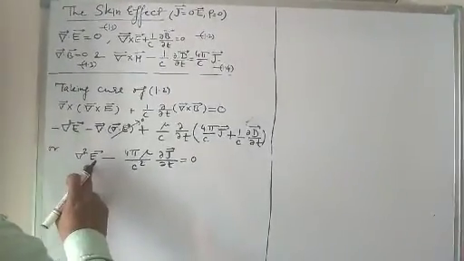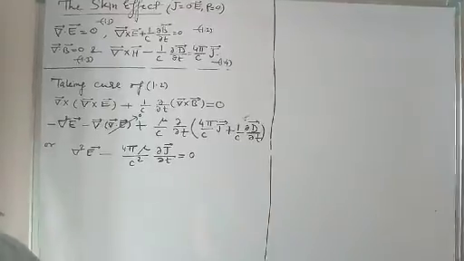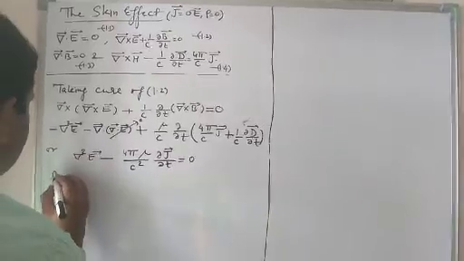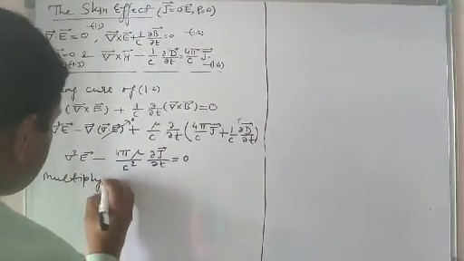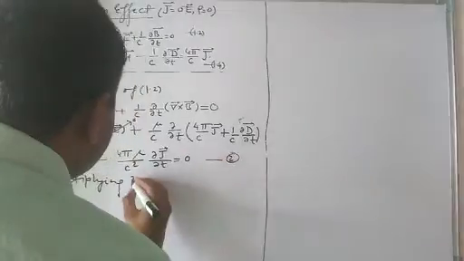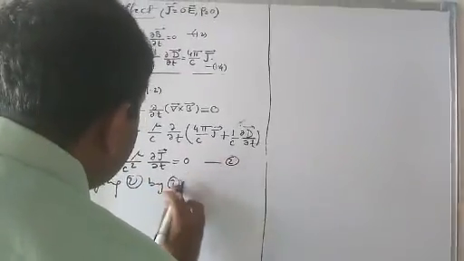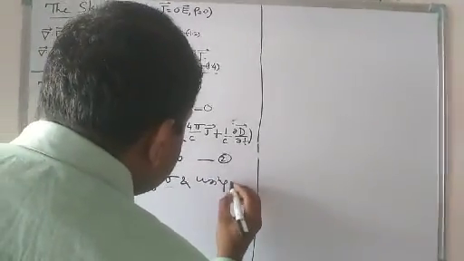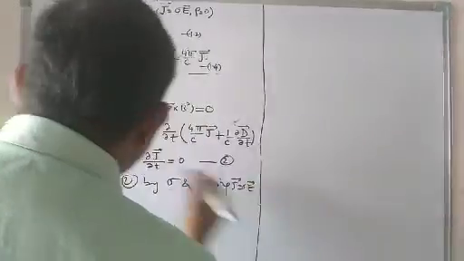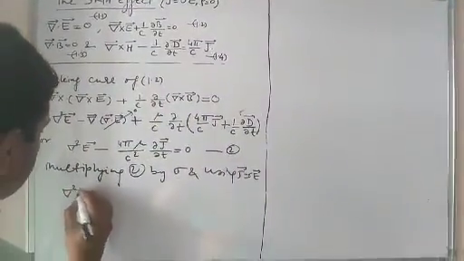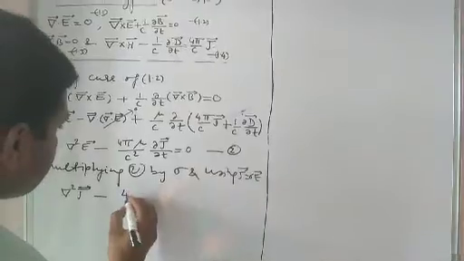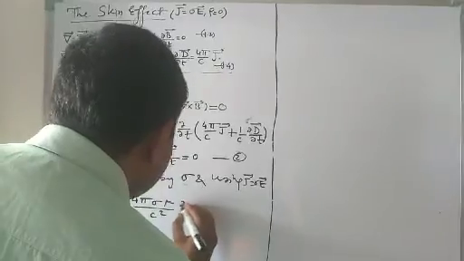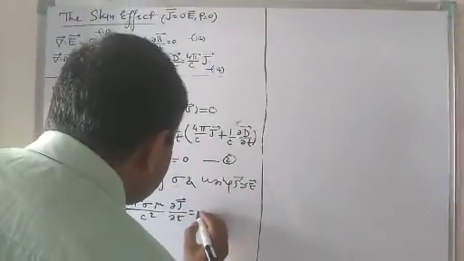Now we will multiply this equation by sigma and try to write E as J. Multiplying del squared E by sigma and using J equals sigma E, we will get del squared J minus 4 pi sigma mu upon C squared del J by del T, that's equal to 0.